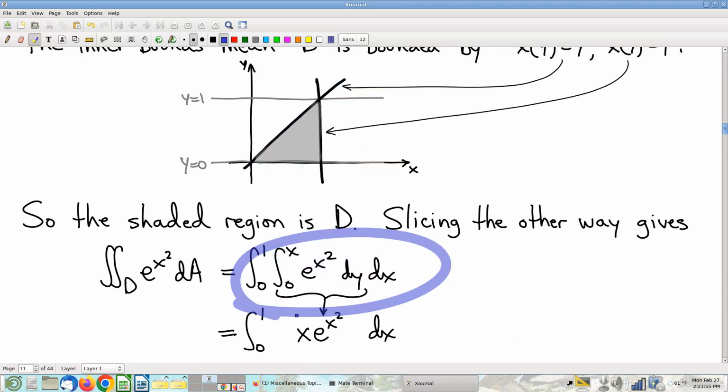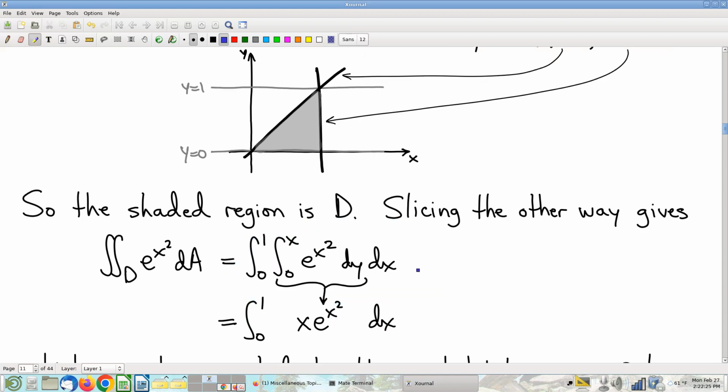I have a new iterated integral with the exact same integrand, and you'd be forgiven for being frustrated: why is this better? Here's the thing: it's like doing a substitution. We do stuff like this because sometimes, unexpectedly perhaps, the new integral just happens to be easier than the original one. Just like with substitutions.